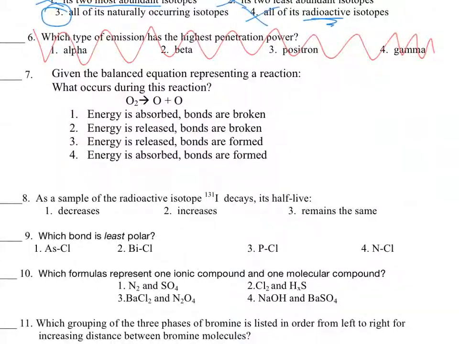Number 7. Given the balanced equation representing a reaction, we have the breakdown of an O2 oxygen molecule into O and O. We have essentially broken the bond between 2 oxygens. Okay? And because the bond is broken, we need to remember BARF: broken, absorbed, release, formed.